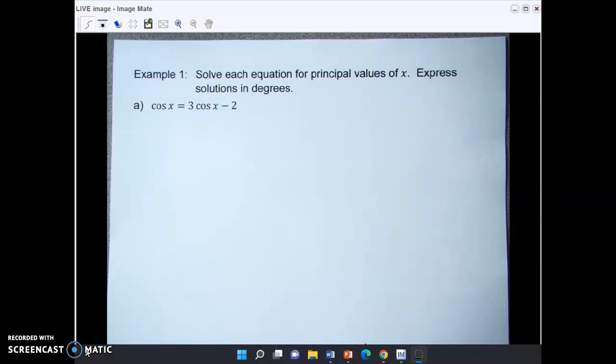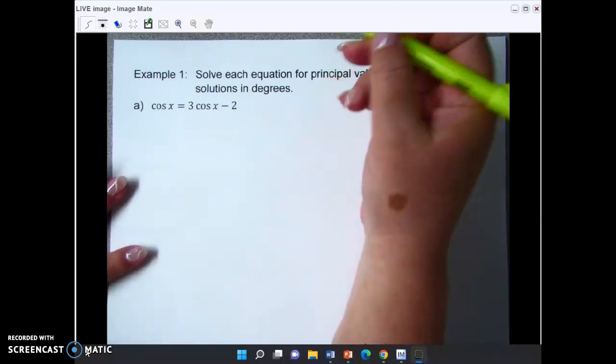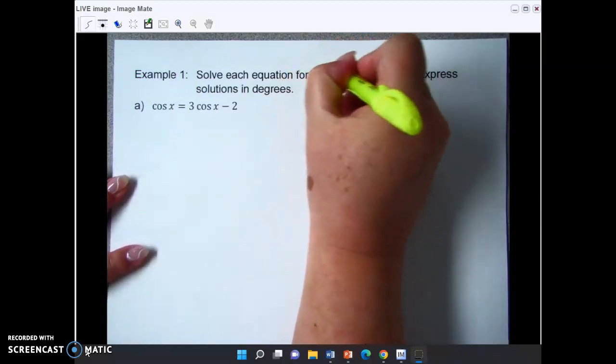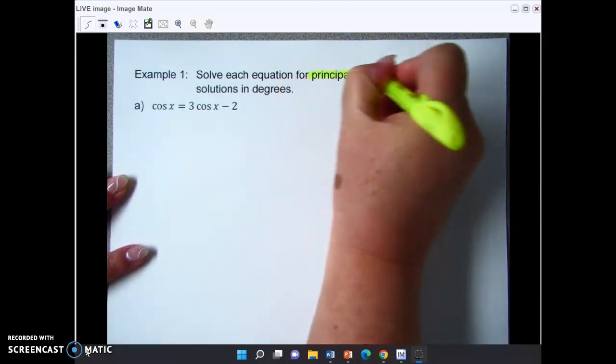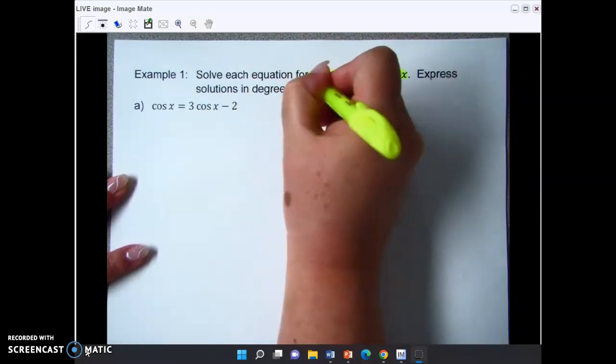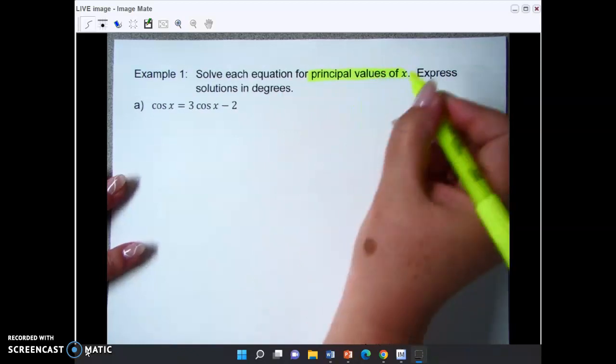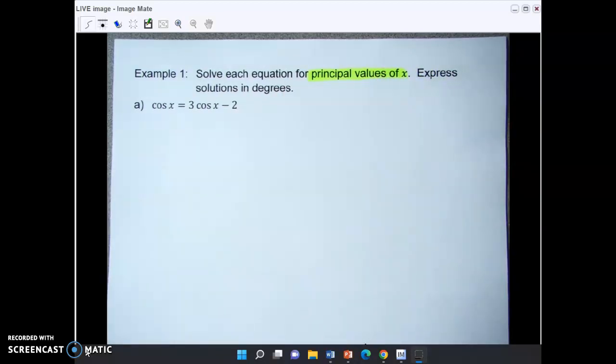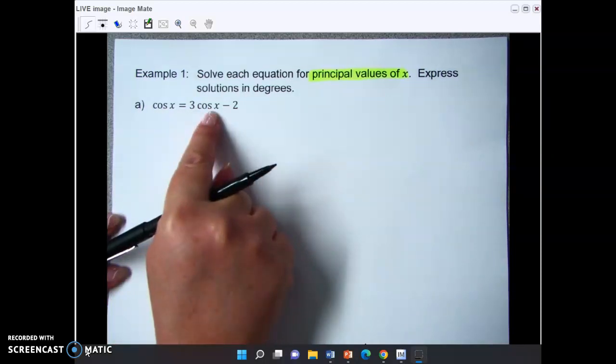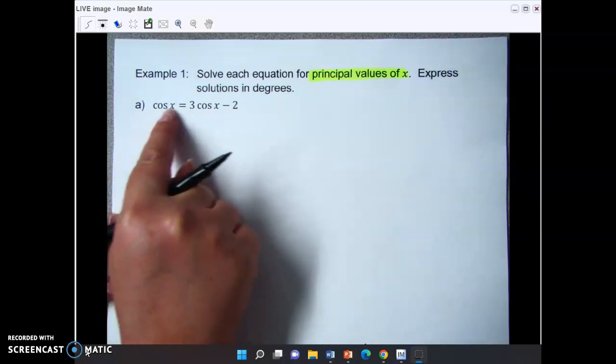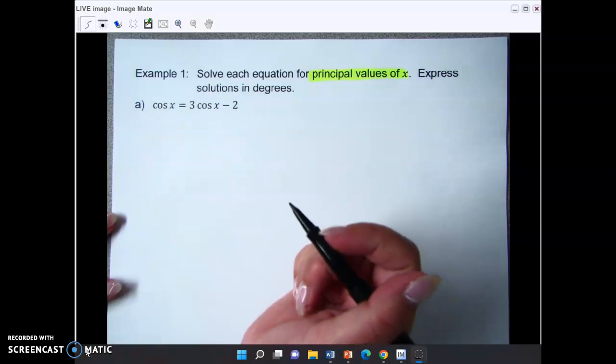So if we take a look at example number 1, again, we have to be very careful to read the instructions because it says solve the equation for principal values of x. So that's important at the end of the question when we go to decide what values of x make that equation true. When we look at this, my angles match, they're both x, and my functions match, meaning that they're both cosine.